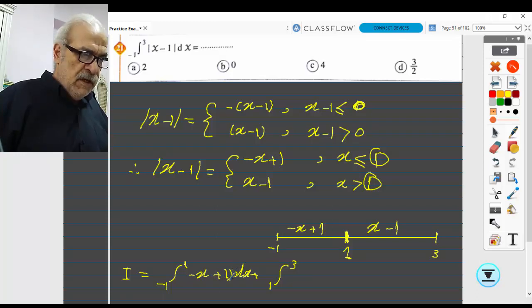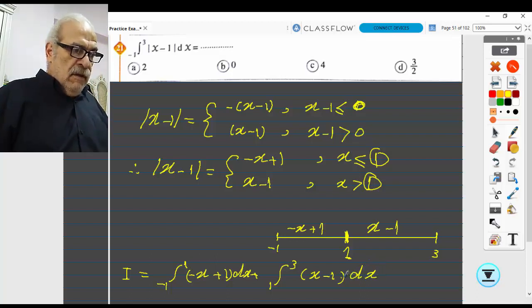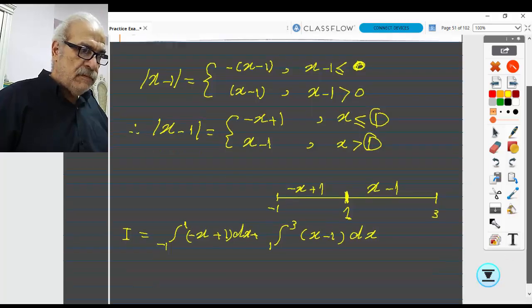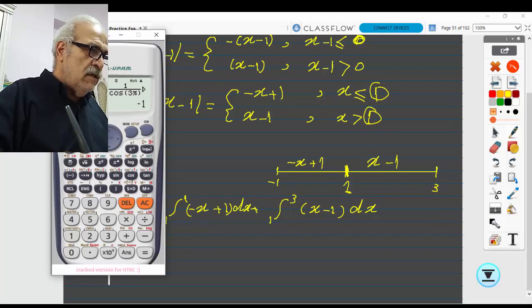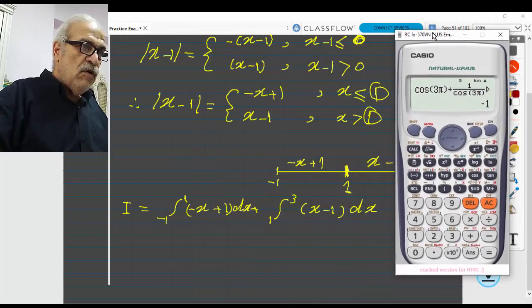You can put a bracket or not, no matter. From 1 to 3, the definition of the function will be x minus 1 dx. Now we can calculate this integration using the calculator, and we will go to the calculator to write these two parts of integration.